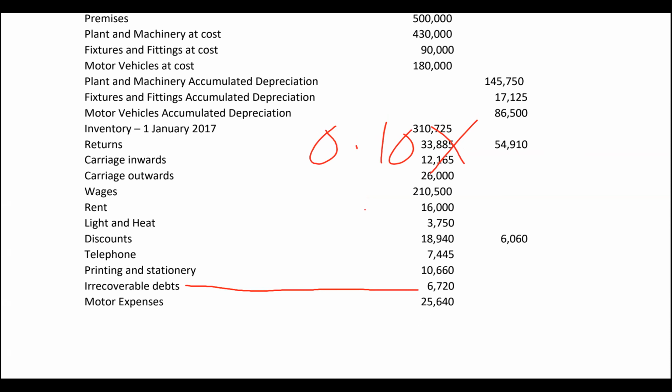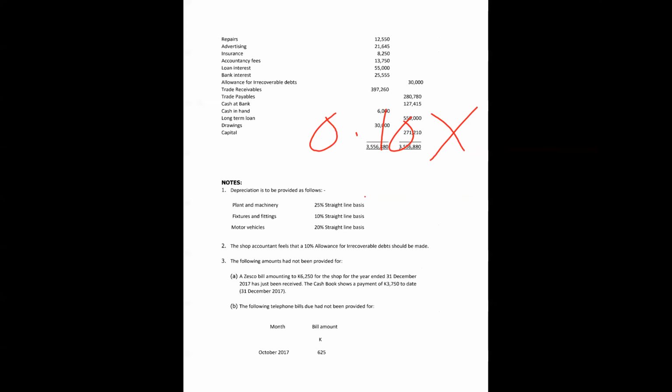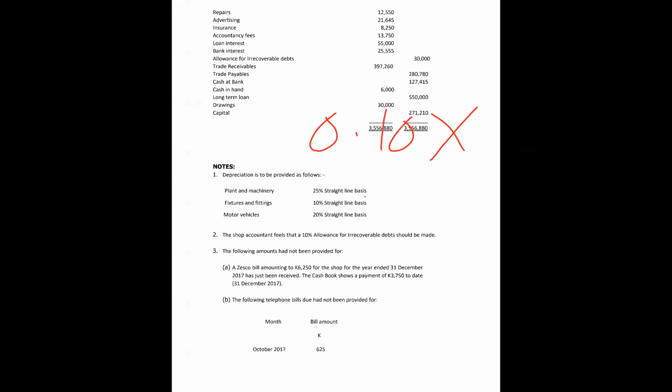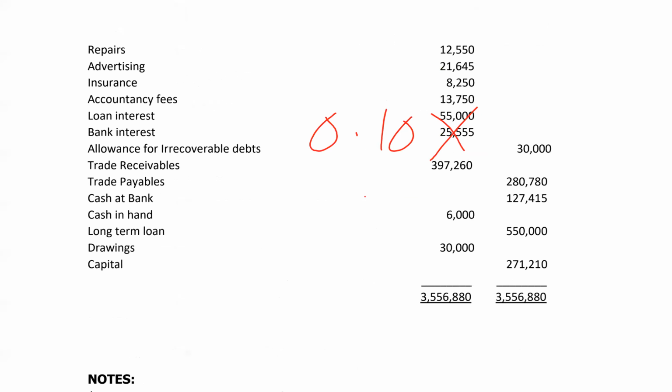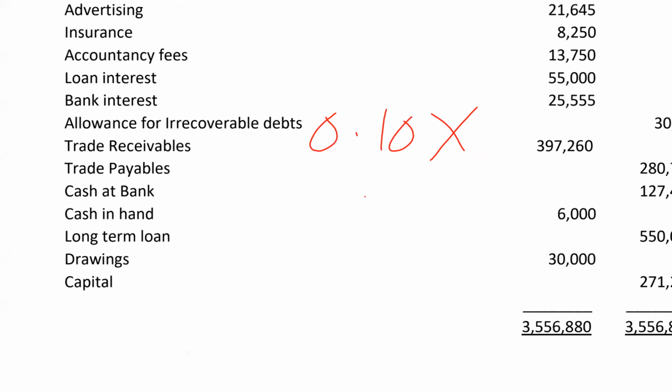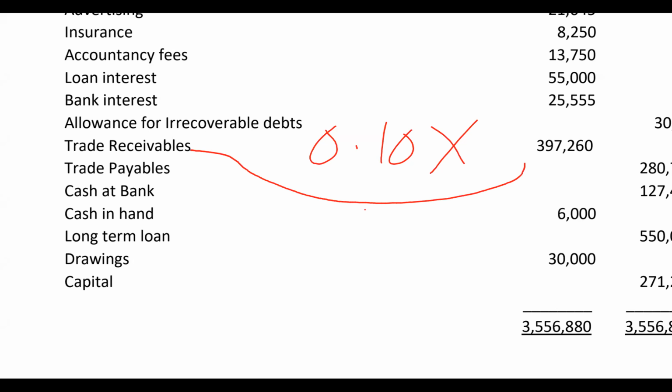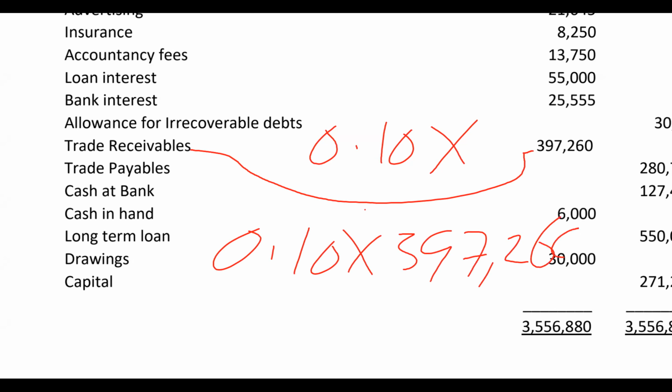And where are the receivables? In the next slide. Here are our receivables. Have you seen our receivables? Trade receivables, right? Yes, they are here. So you say 0.10 times 397,2260.